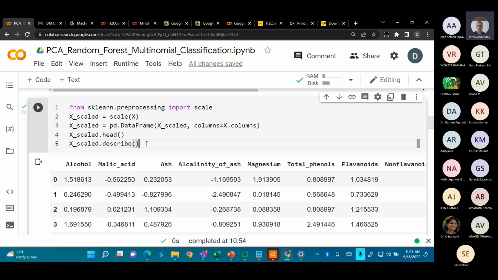Correct. It's not between 0 and 1. So it's not the min-max scaling. Mean and standard deviation. Yeah, that's correct.